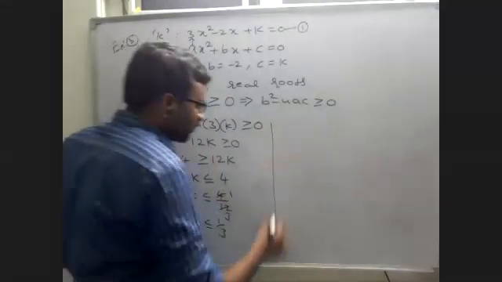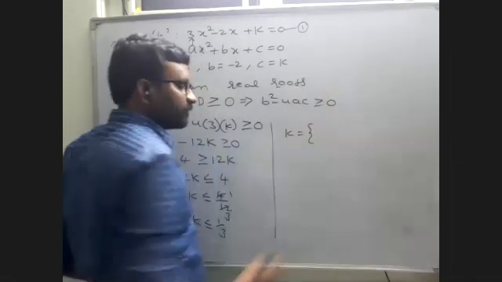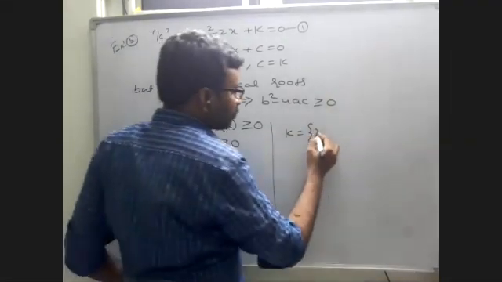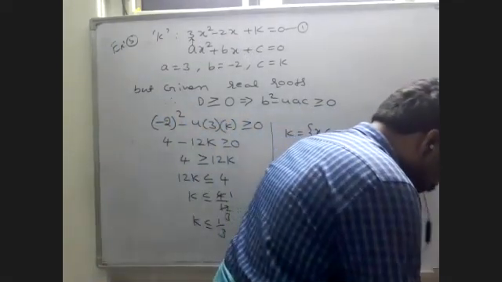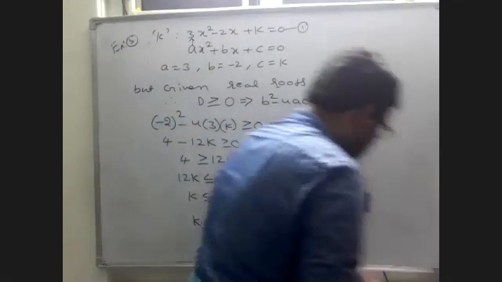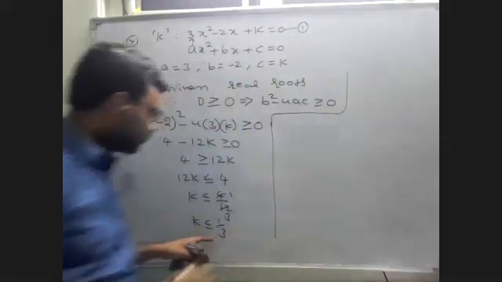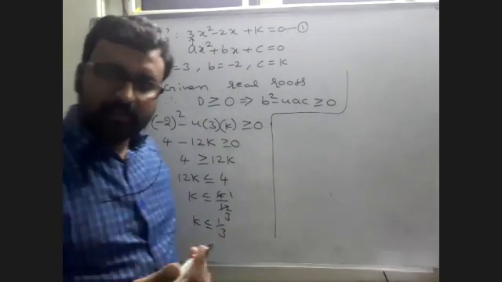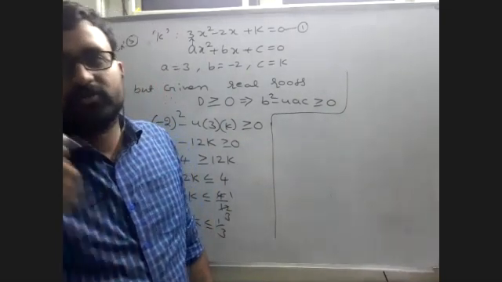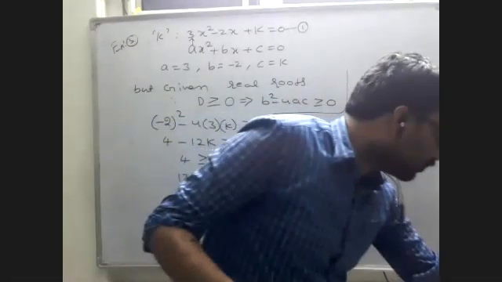In set form I am writing: the set of all these values, less than or equal to 1 by 3 means 1 by 3, then 0, then minus 1, then minus 2, like that, up to minus infinity.